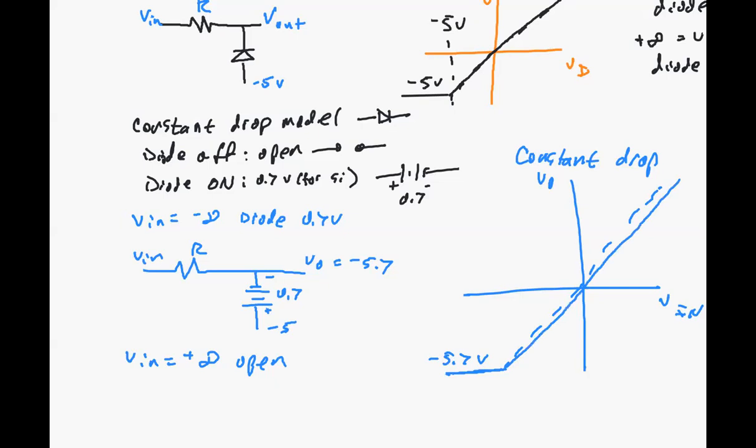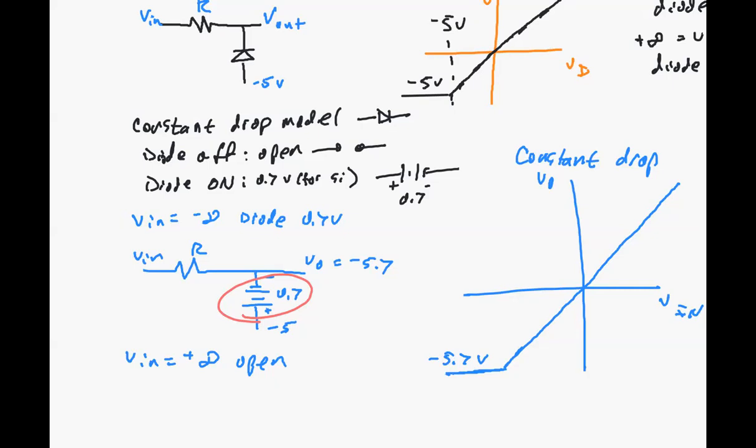It should be a 45-degree line. The only difference with the constant drop model is that we have added this 0.7 volt battery, but it's not a current source. The critical thing is to get the direction of the diode right, and the resulting change in voltage.